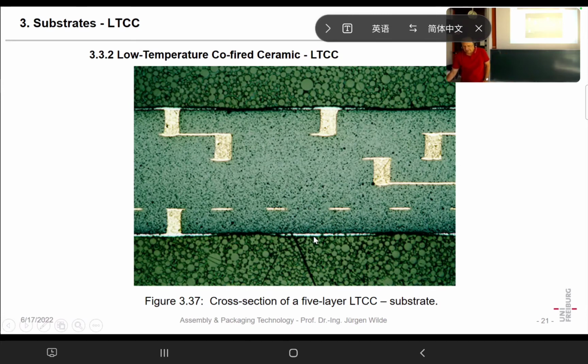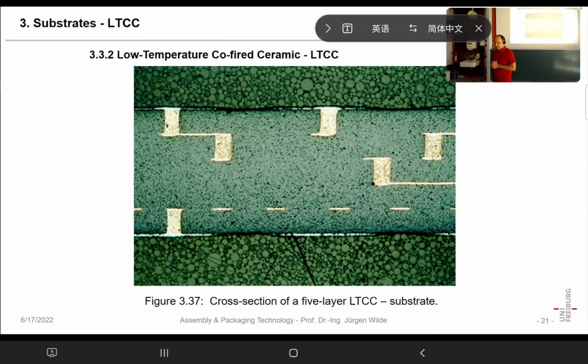So here we can say we have 1, 2, 3, 4, 5, 6 active layers. In such technology, we have a high wiring density per layer, and so we can produce extremely high wiring density in such substrates. But contrary to thick film hybrid, here we only have one firing step.